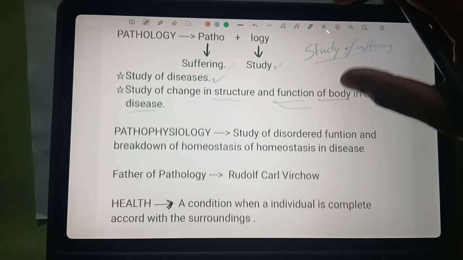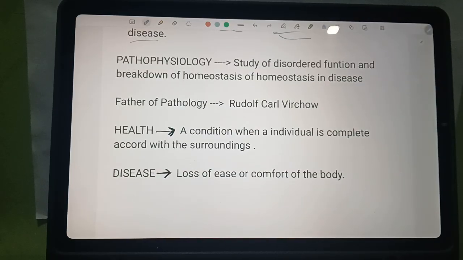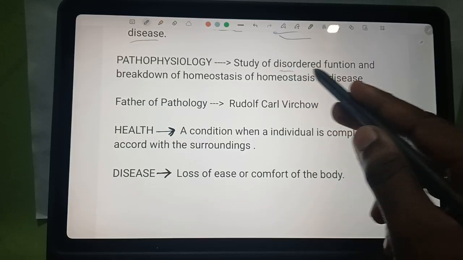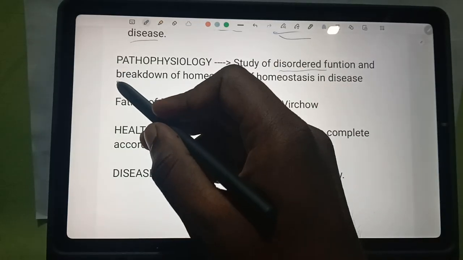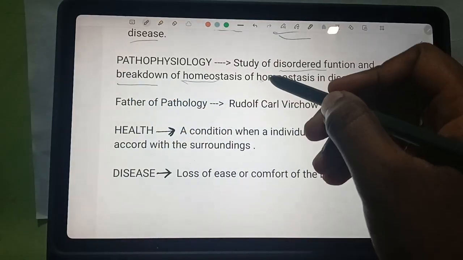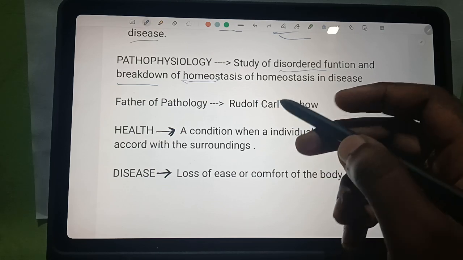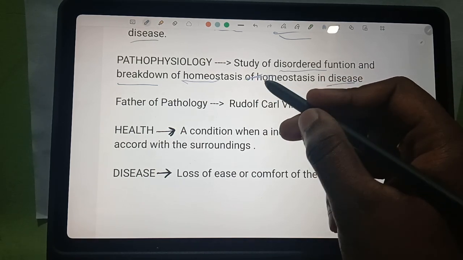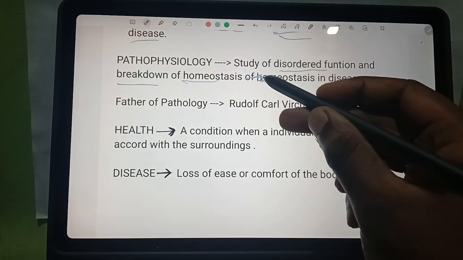Next, pathophysiology. Pathophysiology is the study of disordered function and breakdown of homeostasis in disease.